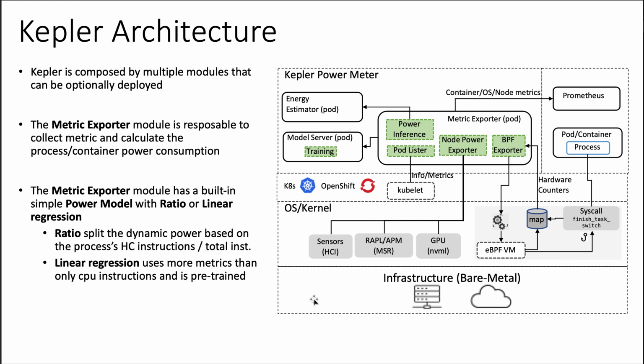So the metric exporter module has internally two different power models: the ratio, which uses CPU instructions to divide the dynamic power among the processes, and the linear regression, which uses more metrics than only CPU instructions, but needs to be pre-trained for a given system by collecting metrics.